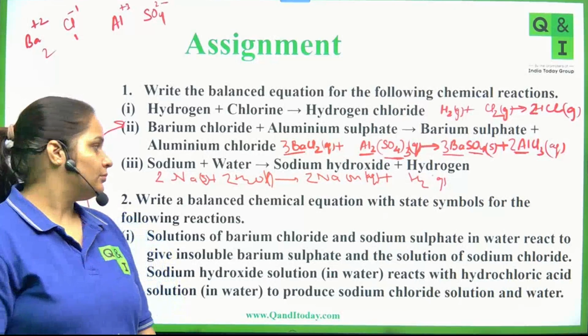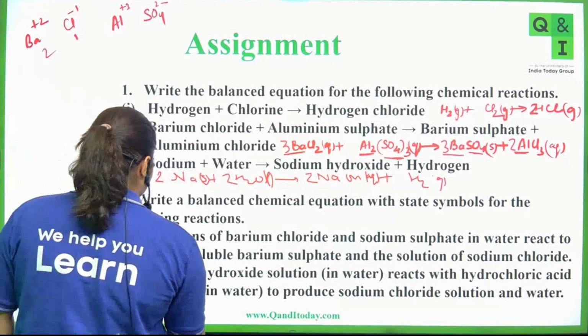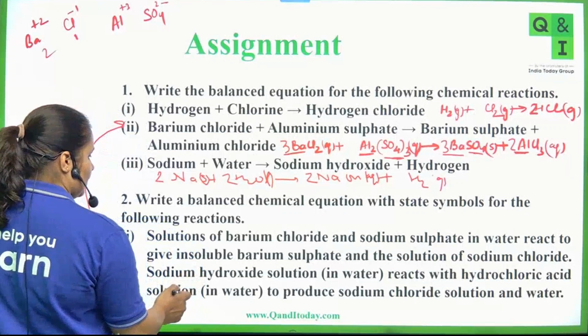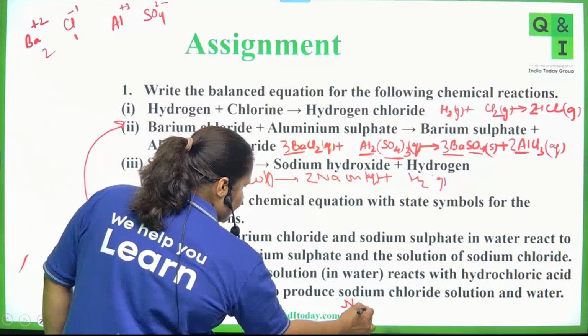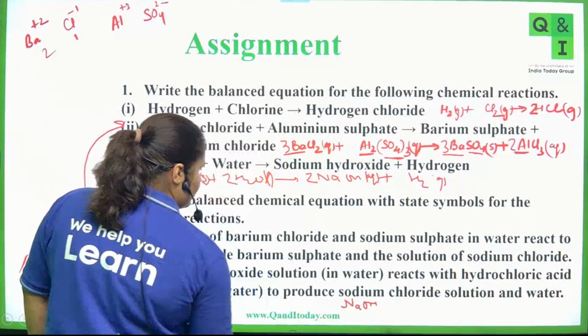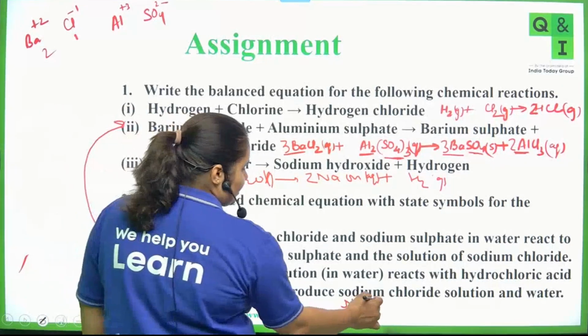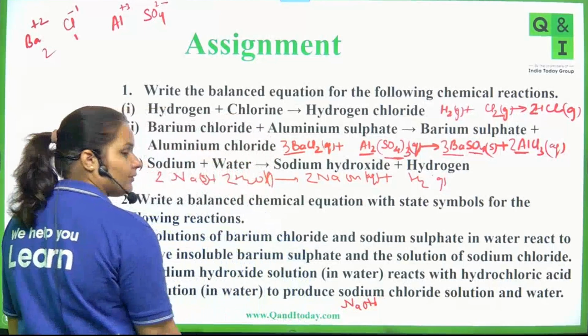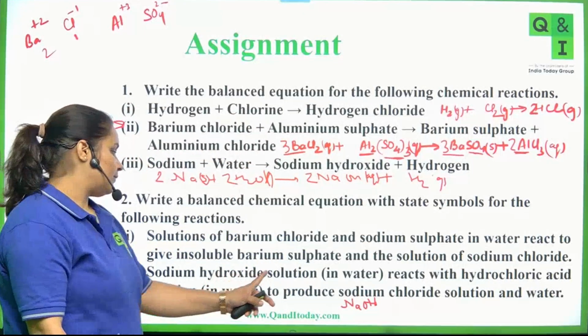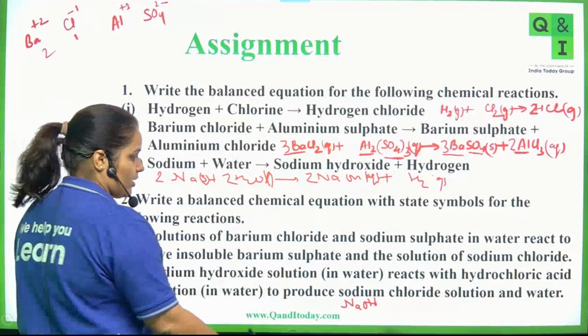NaOH plus HCl gives NaCl plus H2O. So you are telling me the unbalanced version. NaOH, what should be the state? Aqueous.